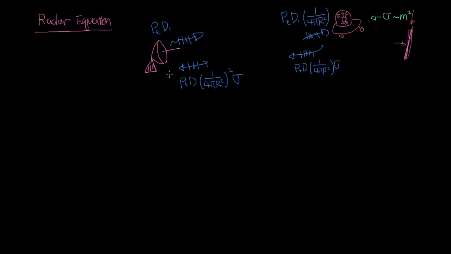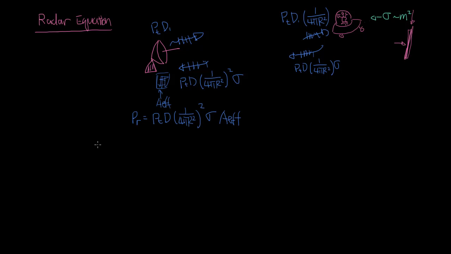And then finally, if you view this as the receive antenna, you now have your effective area. So ultimately the return signal is going to be the power transmitted times the directivity over 4 pi r squared, quantity squared, the double penalty, times sigma, times the effective area. And that is our radar equation.